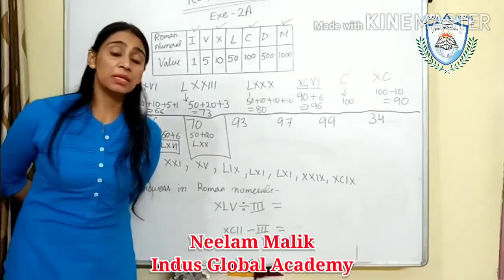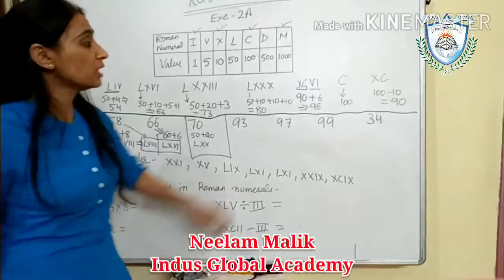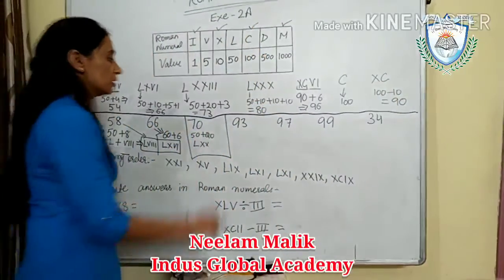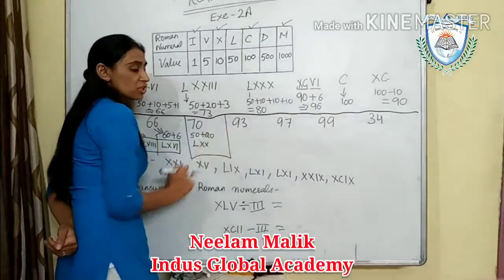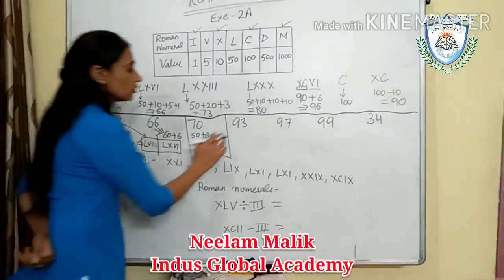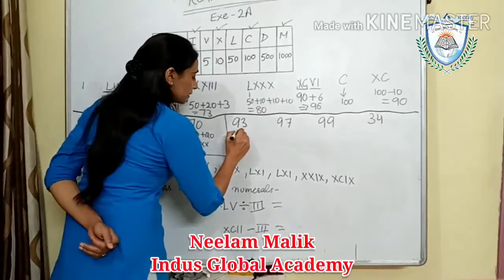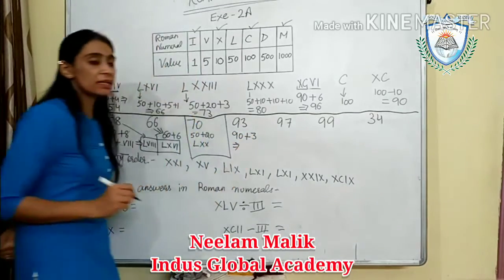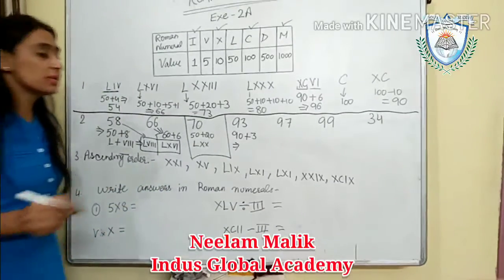93 means 90 plus 3. And you know what 90 is, I just told you. 90 is XC. So we know that our 90 is 100 minus 10.